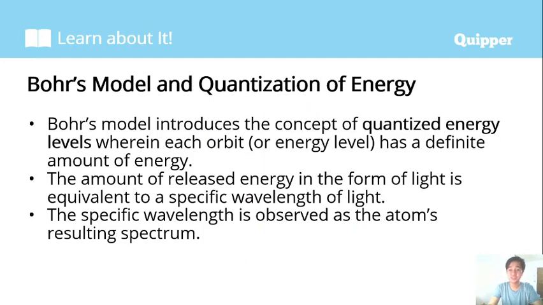Bohr's model introduces the concept of quantized energy levels, wherein each orbit has a definite amount of energy. So orbit 1 has a definite amount of energy, energy level 2, and so on. And the energy released is equivalent to a specific wavelength of light, which can be observed as the atom's resulting spectrum.